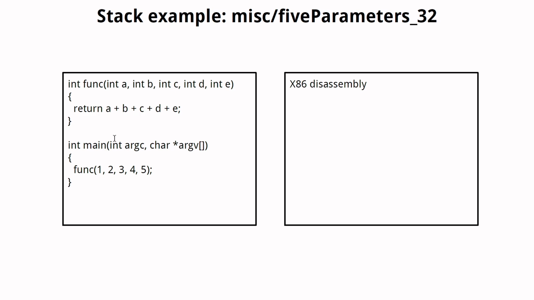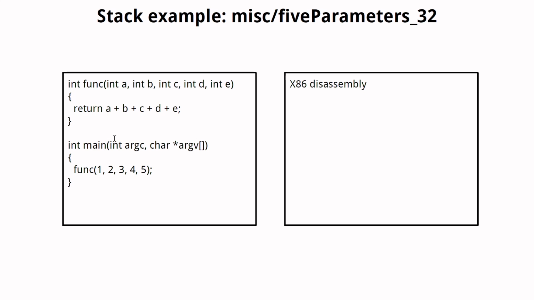Okay, so use the knowledge I just taught you. Where do you think A, B, C, D, E will be stored? Yes, they will be stored on the stack of func. And who will push those 1, 2, 3, 4 to the stack? The main function will do that, right?